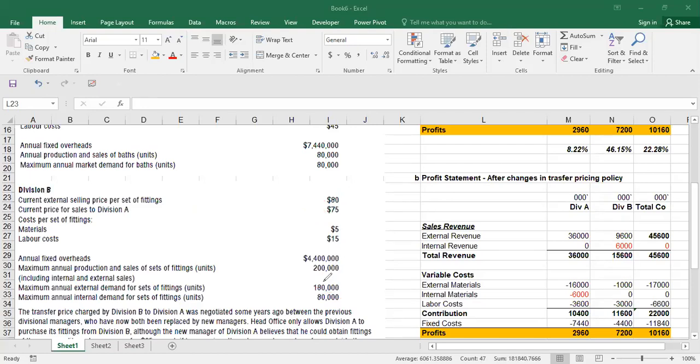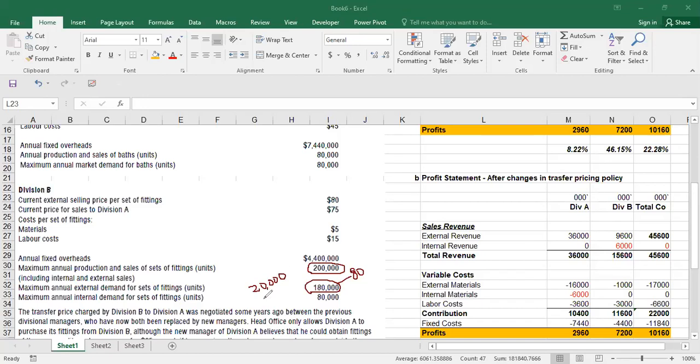You know what will happen? Their capacity is 200,000. Out of 200,000, 180,000 they will sell to outsiders at a price of $80. And then they will have 20,000 units of extra capacity. So this 20,000 will become extra.